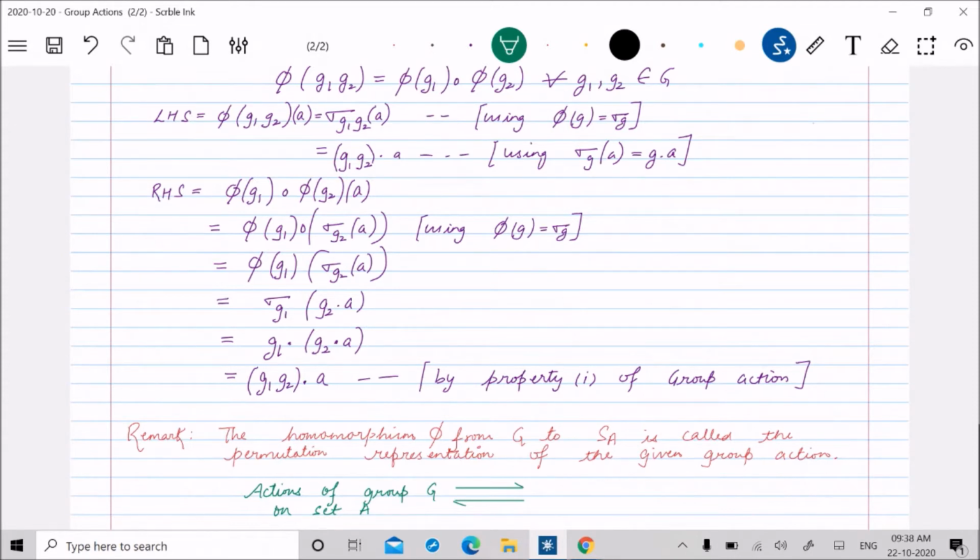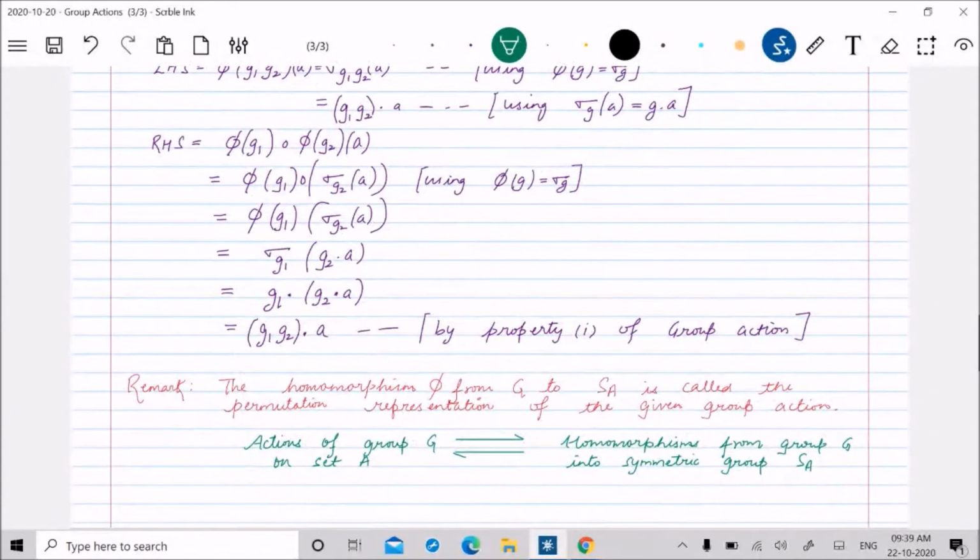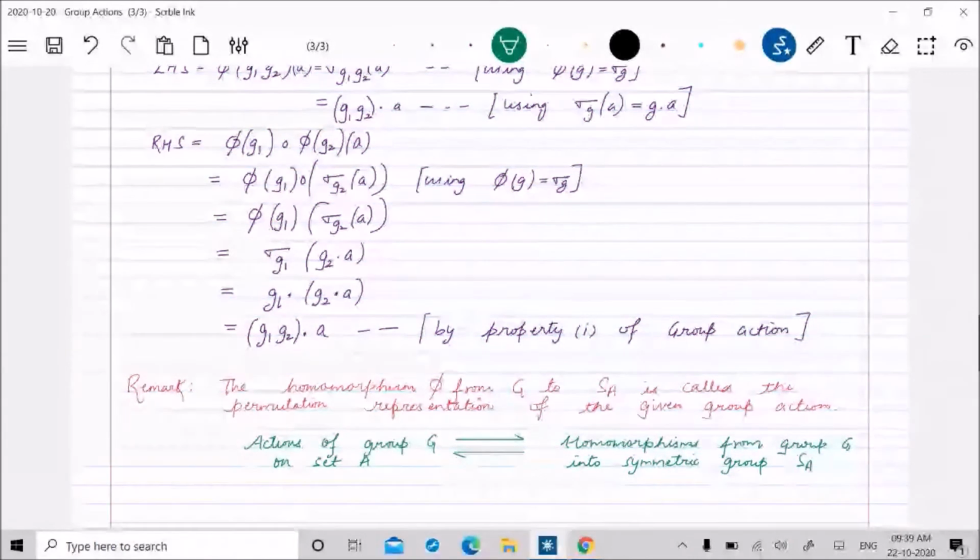You can jump from one to another very easily, and that is morphisms, or you call them permutation representation also. Morphisms from group G into symmetric group S_A, right? So this is what the whole scenario means, and this is just by a single line.